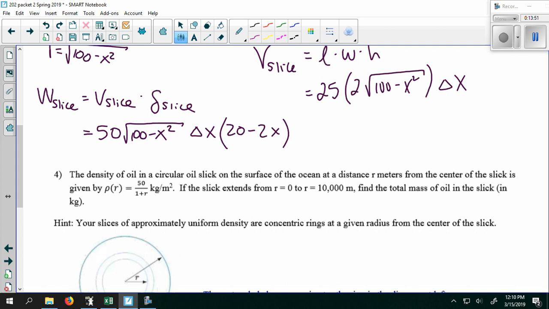So my weight exact becomes the integral of 50 times 20 minus 2x times the square root of 100 minus x squared dx. And then I'm going to integrate from 0 to 10. The height x, smallest x can be a 0, and then you're stacking up these slices to the height of the cylinder, which is 10 feet.